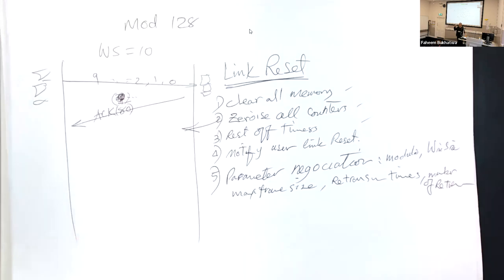Once we agree on these, usually I send you one value for each. I want this modulo, I want this window size, I want this frame size. When you join a network, you should only join if you can use a range of those variables. If the two of you disagree, the network says you must use the default value. For each one of those, there is a default value.